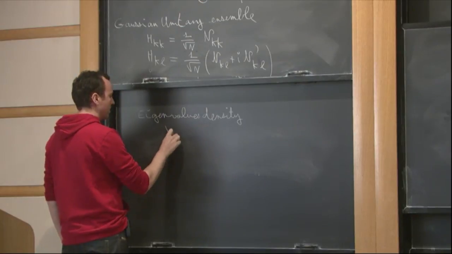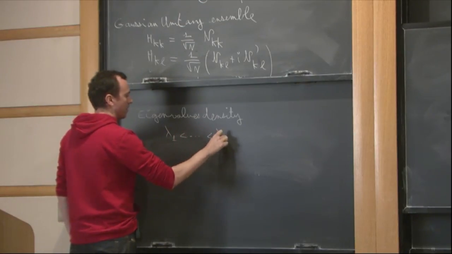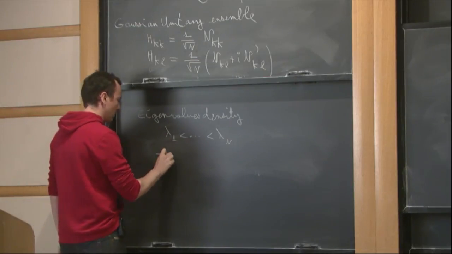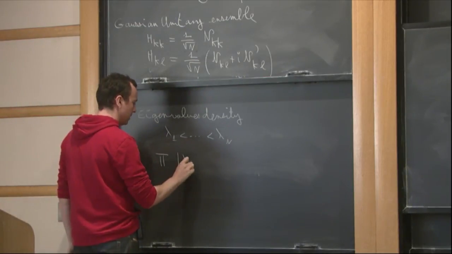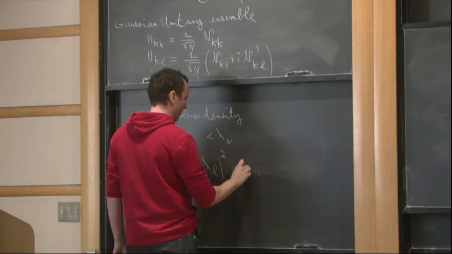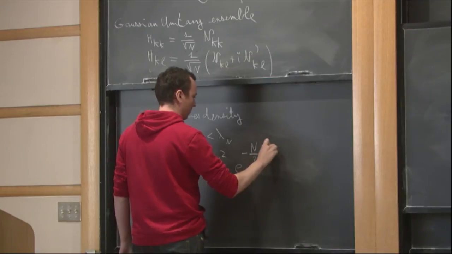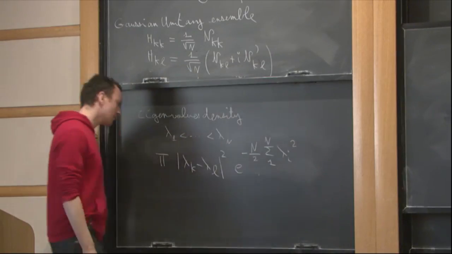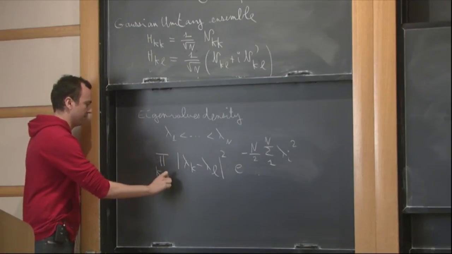Let's call these eigenvalues lambda 1 till lambda n. They are almost surely different. Then the density with respect to Lebesgue is the following. So you see you have a Vandermonde squared here.